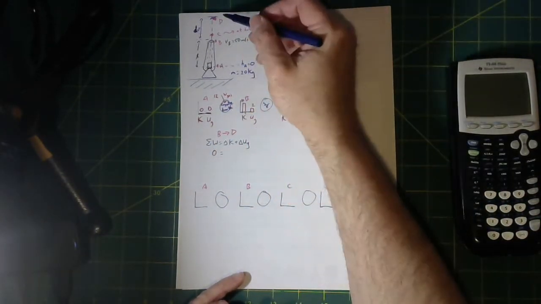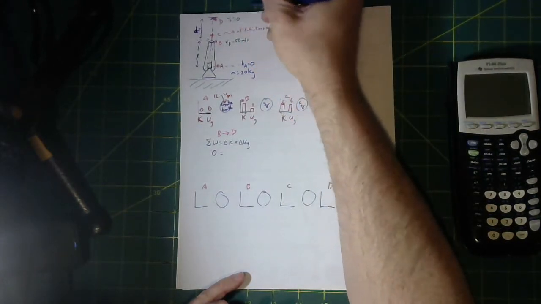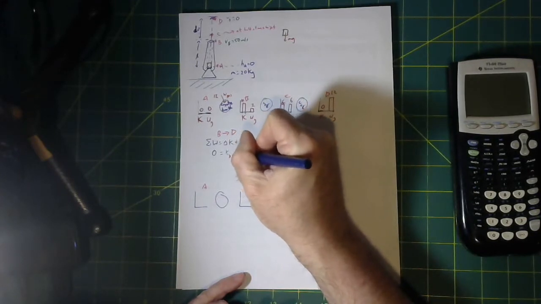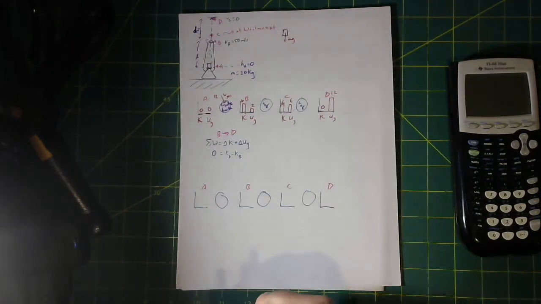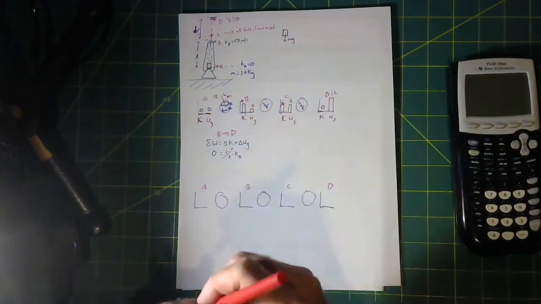Delta K at D, that's the maximum height. We know the speed at the max height is 0. And so the kinetic energy at D minus the kinetic energy at B, right? The kinetic energy at D is going to be 0. I'm getting ahead of myself here, but that's okay.